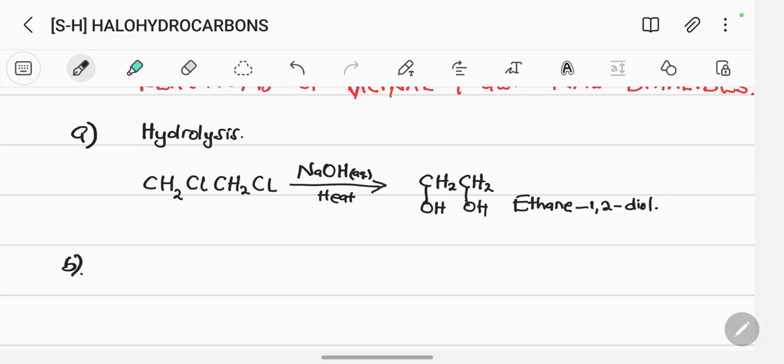So I'm moving on to reaction B, which is reaction with alcoholic potassium hydroxide solution.